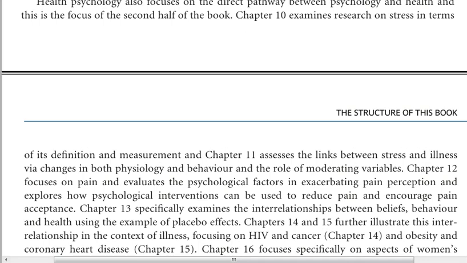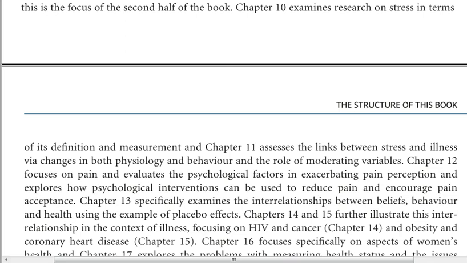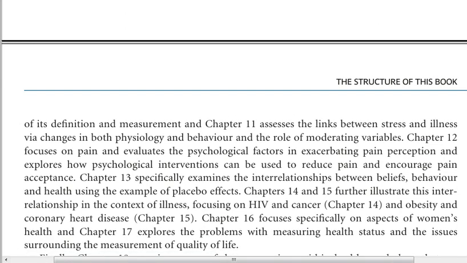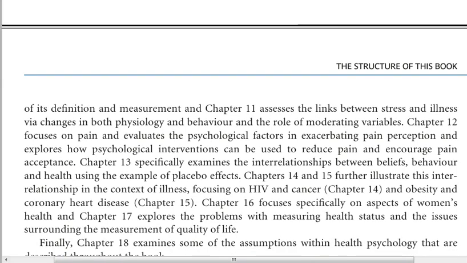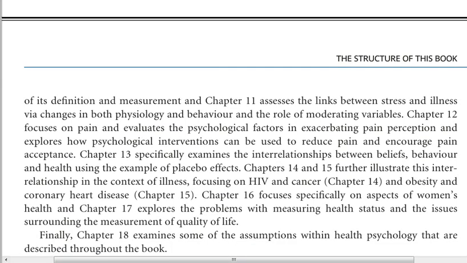Chapter 10 examines research on stress in terms of its definition and measurement, and Chapter 11 assesses the links between stress and illness via changes in both physiology and behavior, and the role of moderating variables.